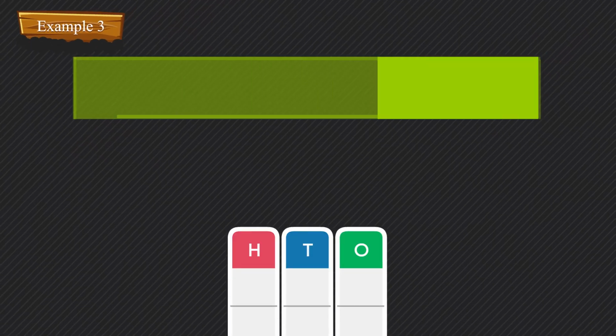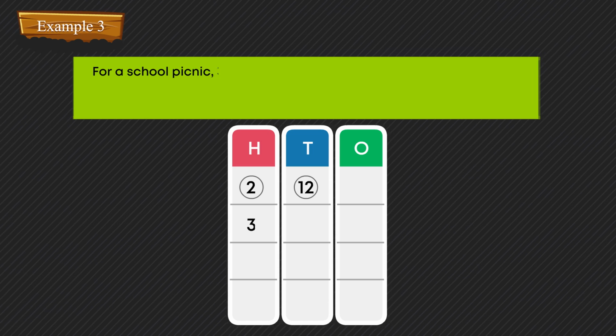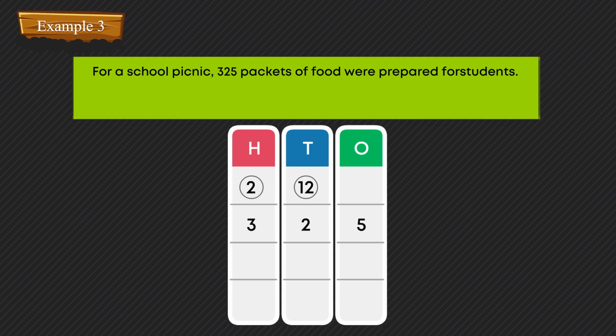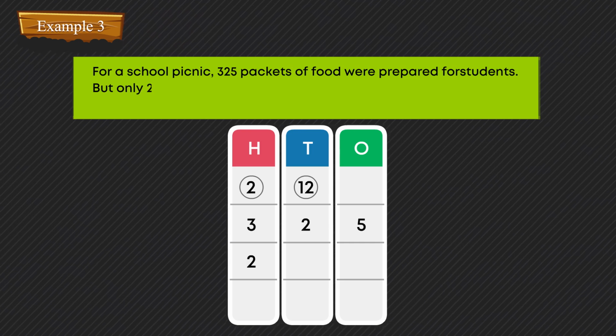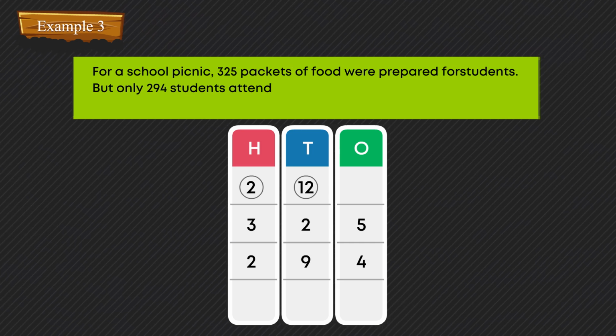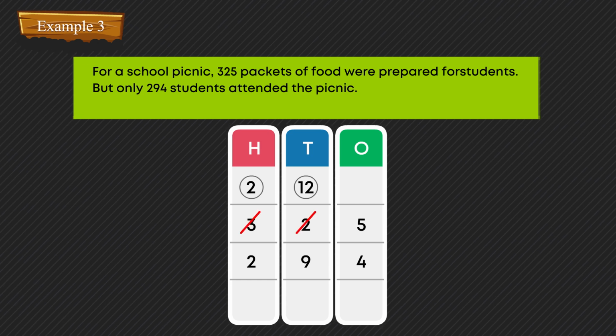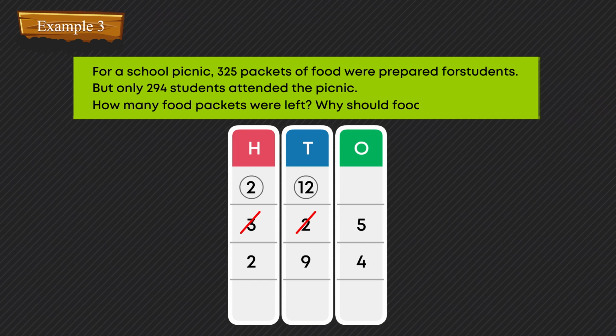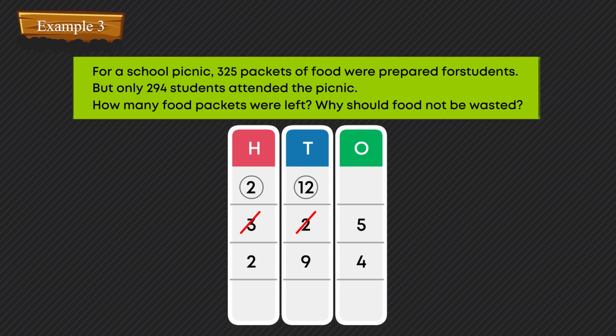Example 3. For a school picnic, 325 packets of food were prepared for students. But only 294 students attended the picnic. How many food packets were left? Why should food not be wasted?